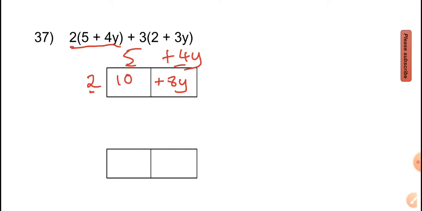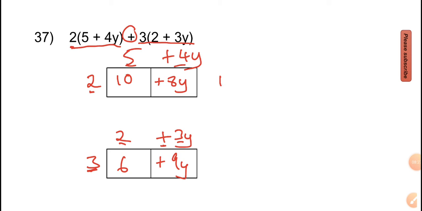And then in the second single bracket, I could see the 3 outside the bracket, so 3 comes here, and the 2 plus 3y that's inside the bracket goes on the top. So 3 times 2 is 6, and then 3 times 3y is going to be 9y, it was positive 9y. And because it's a plus now, I'm going to add them together.